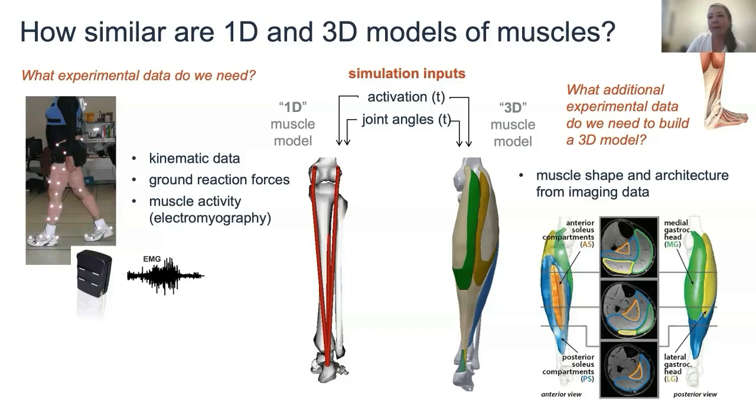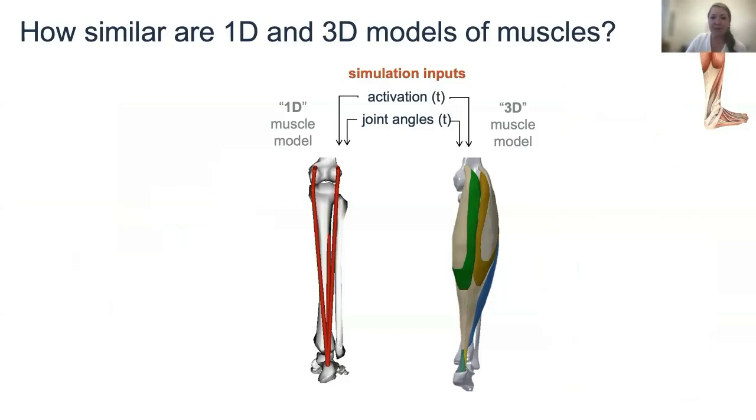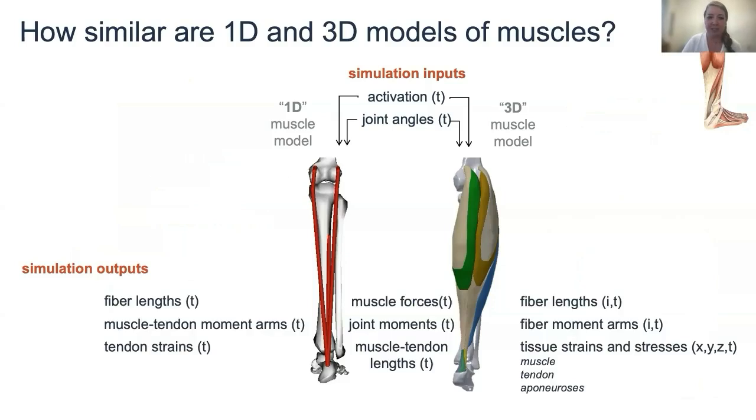All right. They have similar inputs, but when we look at the simulation outputs, this is where we start to see some differences. Both these models can predict muscle forces. They can contribute to how we might predict joint forces or muscle tendon unit lengths. But with our 1D or OpenSim version of muscle, we're looking at a single fiber length, a moment arm for the muscle tendon unit, and a single tendon strain parameter.